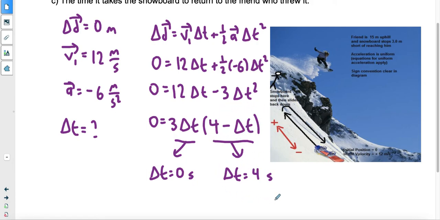So we know that's another possible solution. Well, 0 seconds is the time the friend threw the snowboard up. So really, the answer we're interested in here is this one right here. So this tells us it's going to take 4 seconds for the snowboard to return to the friend who threw it.